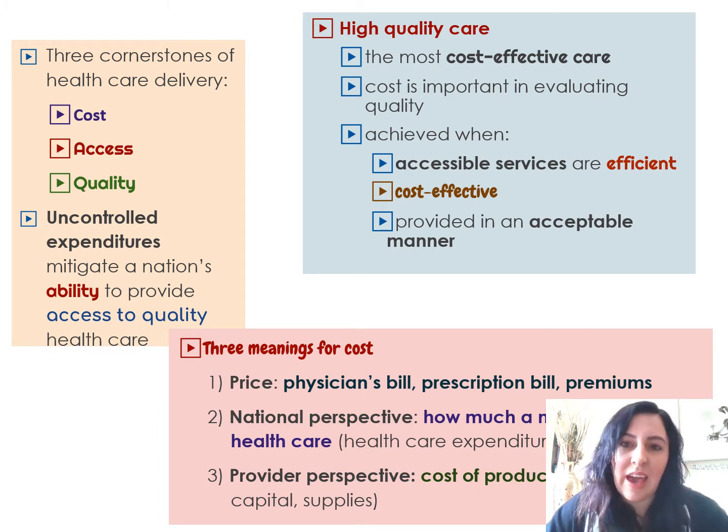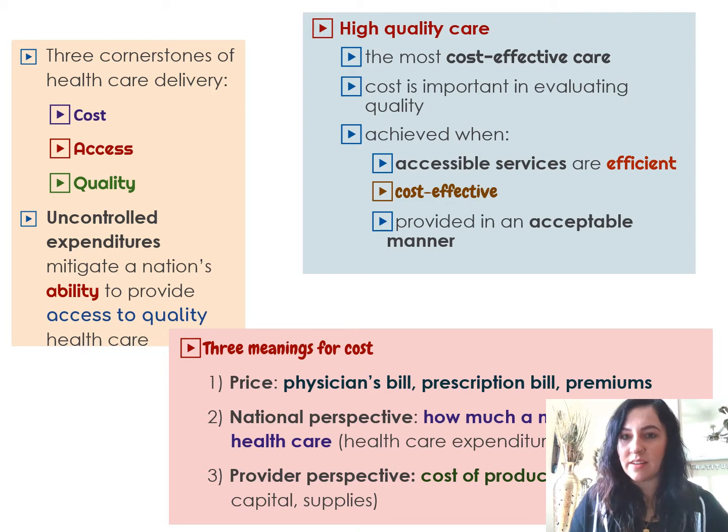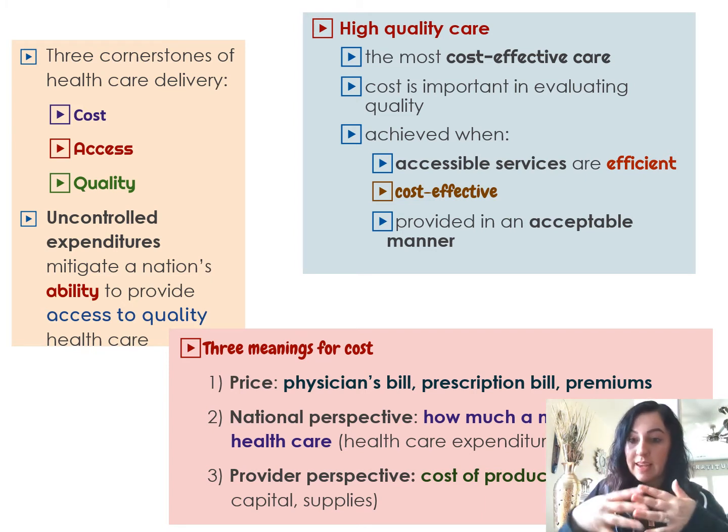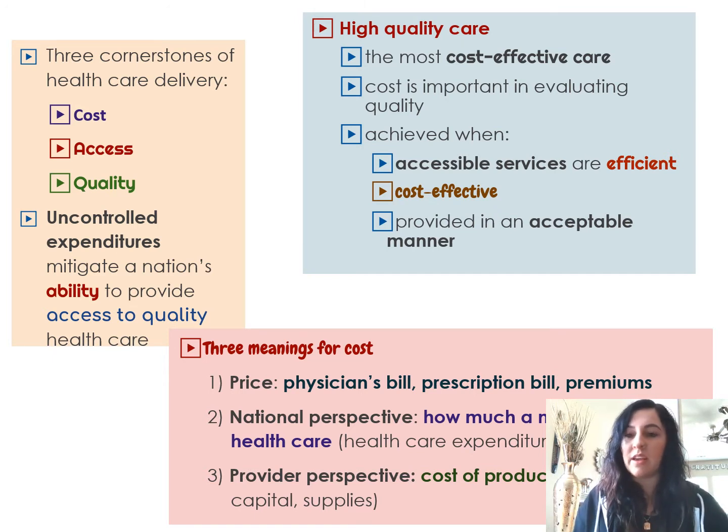High quality care is the most cost-effective care. Cost is important in evaluating quality. That's how they are very related, because cost is probably a great way to evaluate quality, especially today.